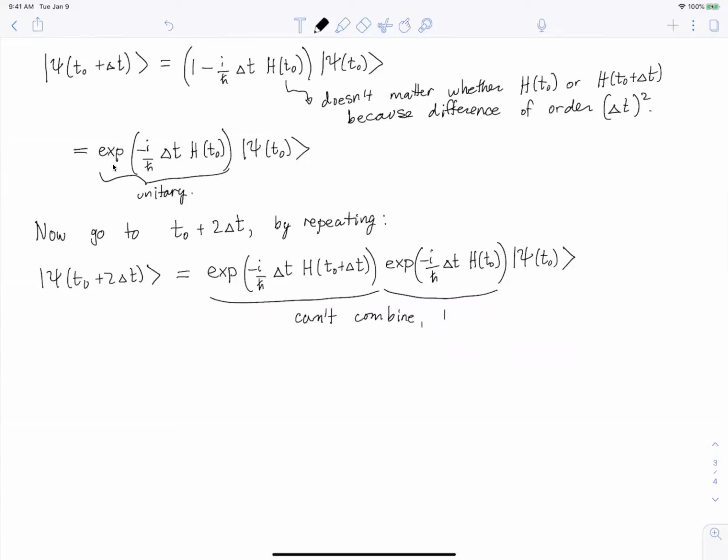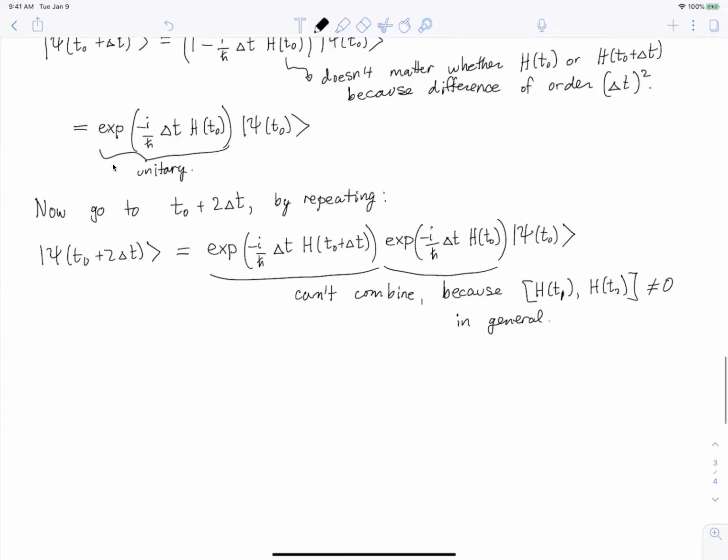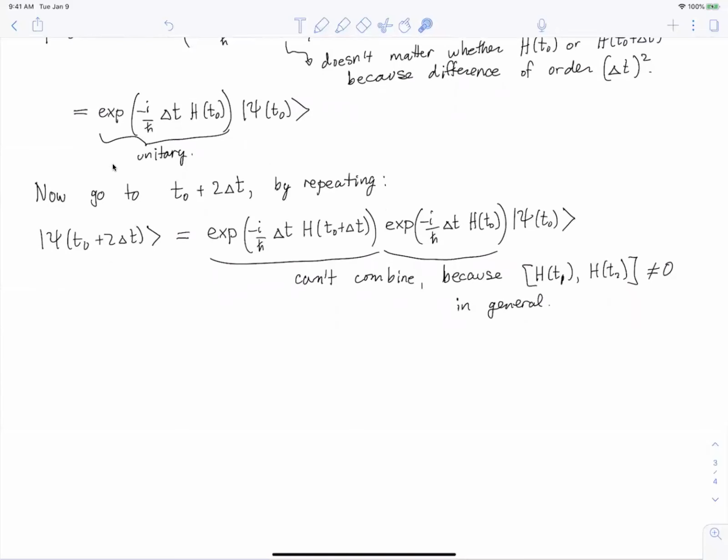So can't combine because the Hamiltonian at one time, t1, commuted with the Hamiltonian at some other time, t2, is not zero in general. Okay, and these are at different times, t0 here and t0 plus delta t there.